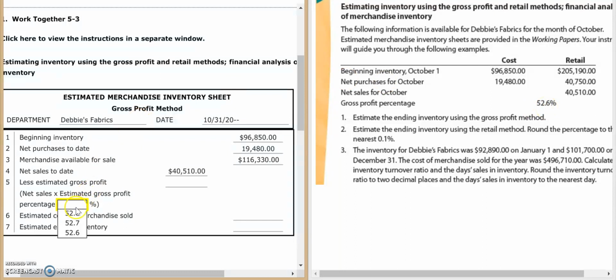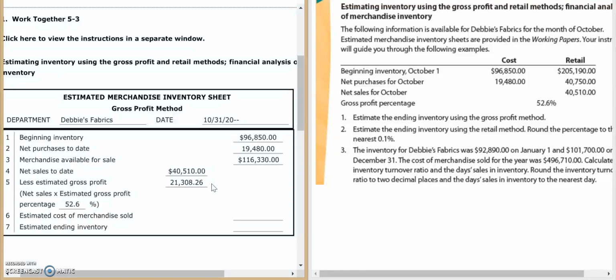So we're going to plug 52.6 in here. And then we take our net sales, which is the 40,510, and we multiply that by 0.526. And we end up with $21,308.26.